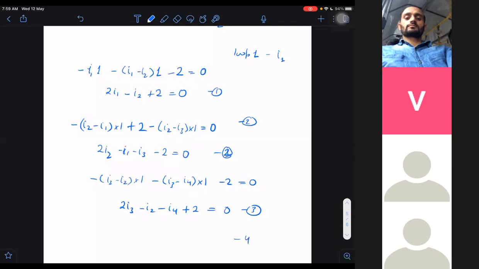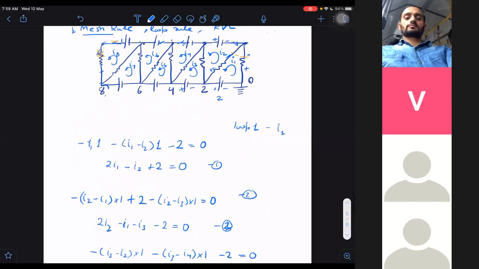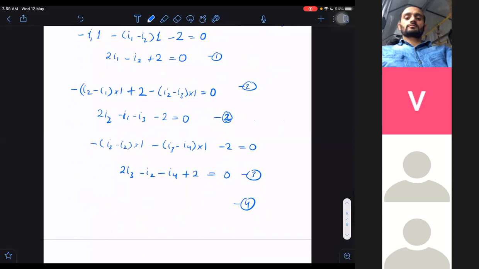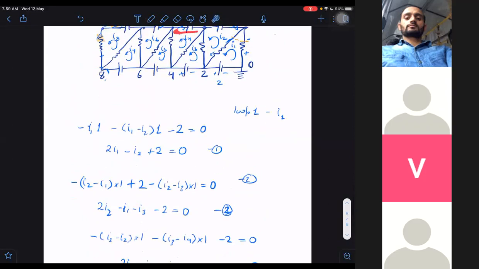What will be the equation for 4? Start from the 4 node. If I start from the 4 node, it will become I4 minus I3, minus of I4 minus I3 into 1. A 1 ohm resistance is there. Next, plus 2.